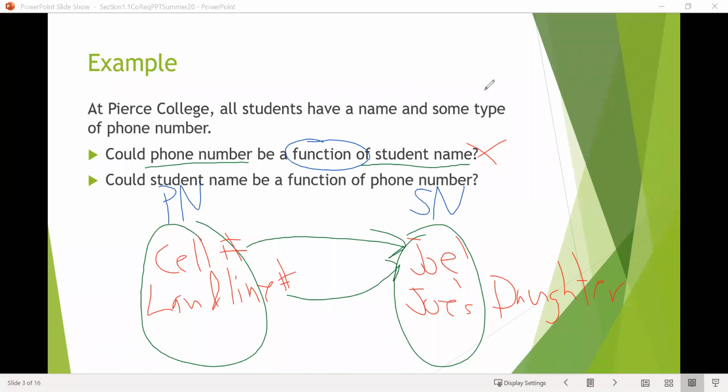Then potentially both the cell number, but definitely the landline number, would also get mapped to Joe's daughter. And again, that now becomes not a function because we have an input that's going to two different outputs, and that's not allowed. Again, for a function, each input can only go to a single output. So this one also does not work as a function.